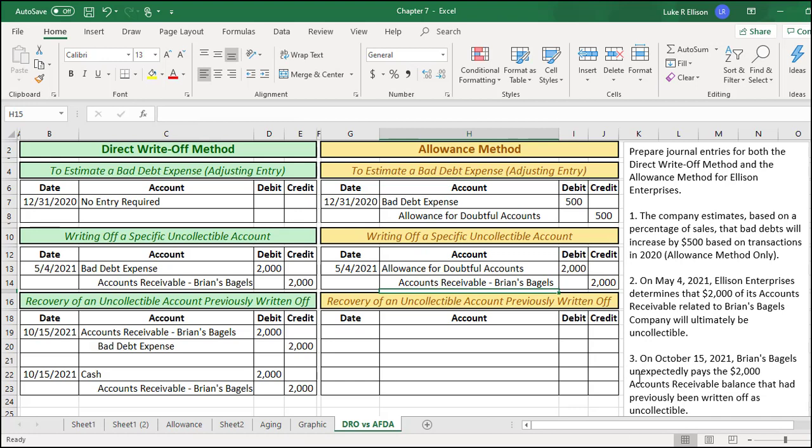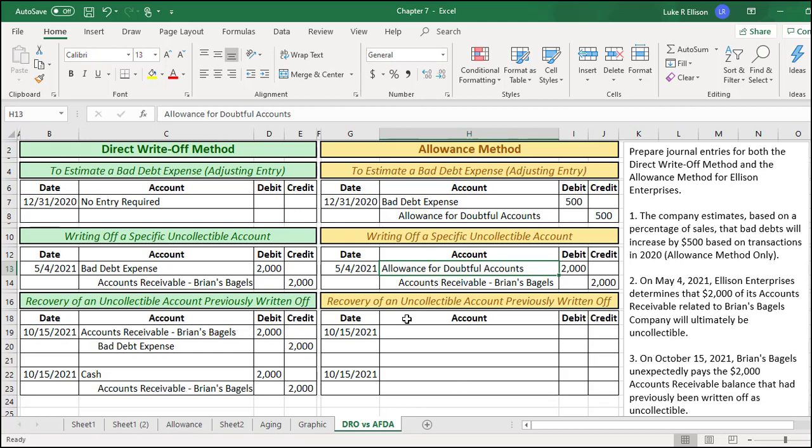Finally, number 3 says that on October 15, 2021, Brian's Bagels unexpectedly pays the $2,000 accounts receivable balance that had previously been written off as uncollectible. So this is going to be very similar to the last entry that we did in the direct write-off method. We're going to have the same dates here, and we're still going to be reversing the previous entry. So now we're just going to do the opposite.